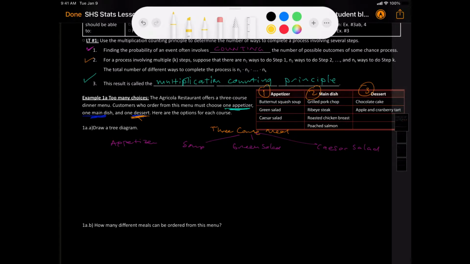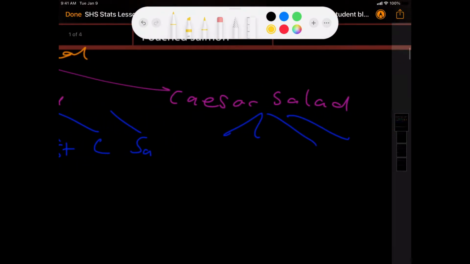Okay, from there, then you got to get a main dish. So you can either get pork, steak, chicken, or you can get salmon. And then the same thing for each of these, pork, steak, chicken, salmon. Same thing over here, 4 of these. Pork, steak, chicken, salmon.